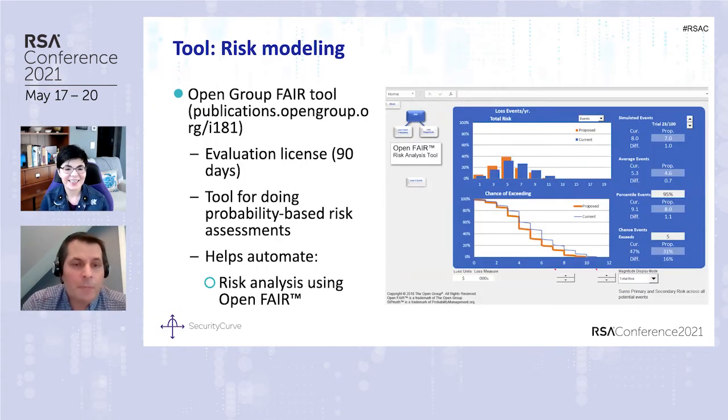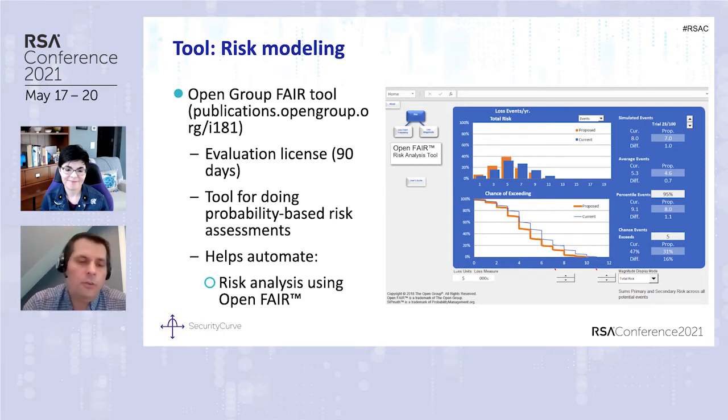Speaking of FAIR, the Open Group has a FAIR-specific tool. I think this may be the only one in this group that is not actually fully open source. This is a 90-day evaluation license that you can obtain if you want to use it.